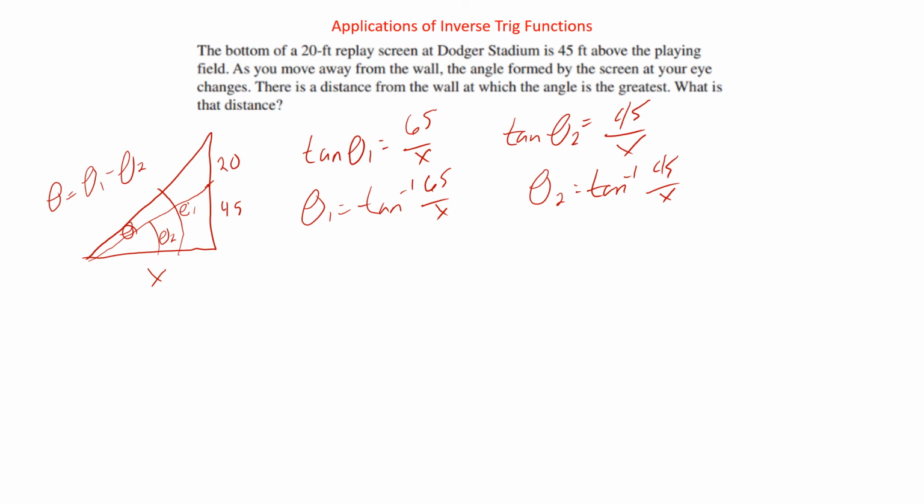Now, we're looking for theta 1 minus theta 2, so that angle of our eyes is going to be theta 1, which is inverse tangent of 65 over x, minus theta 2, which is inverse tangent of 45 over x.